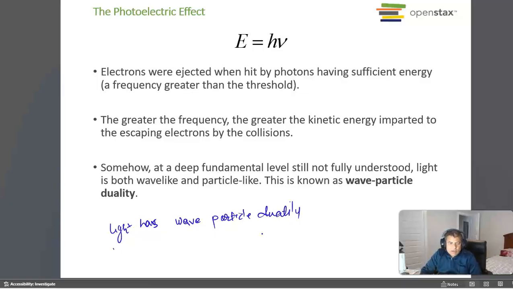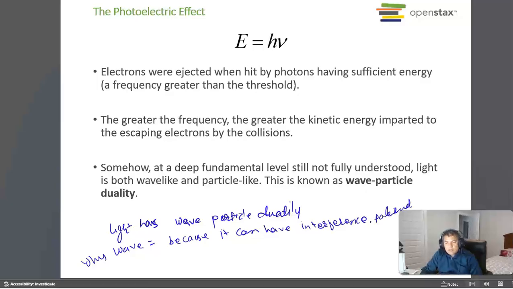Why is light a wave? Because it can show interference, polarization, and diffraction. Why is it a particle?